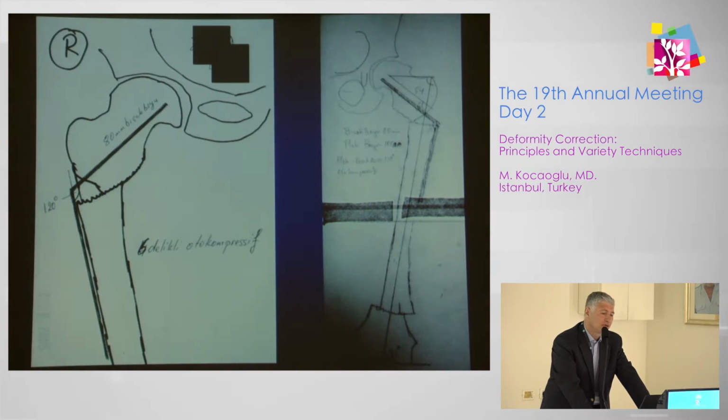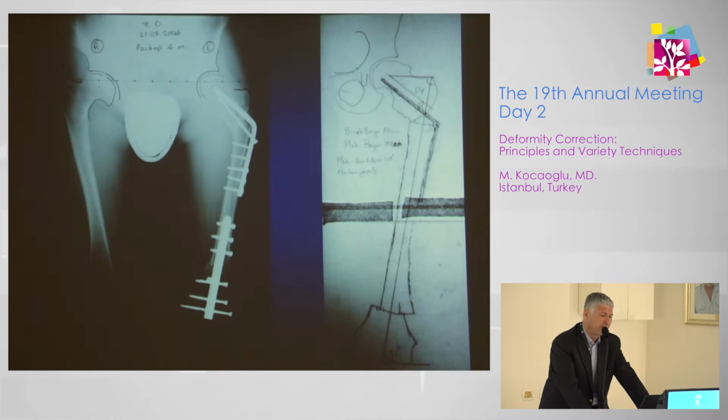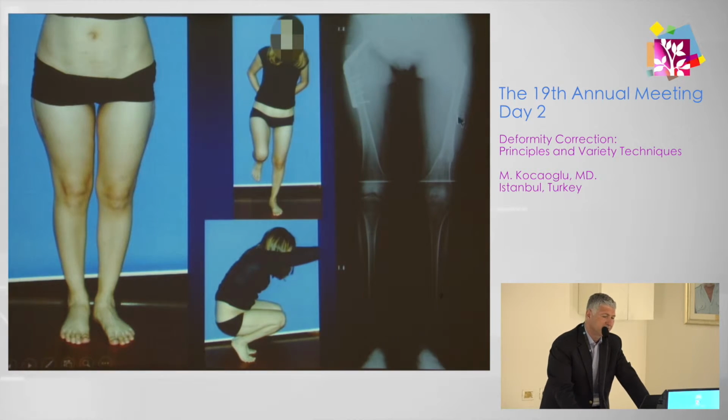So my plan for the right side was just a valgus and translation osteotomy fixed with a specially produced plate. And on the left side, a proximal osteotomy plus fixator-assisted nailing for correcting the distal valgus deformity. You see, this is the left one, starting first with the left one. And this is the final result after I fixed both sides.